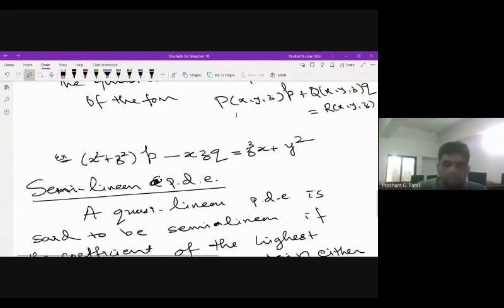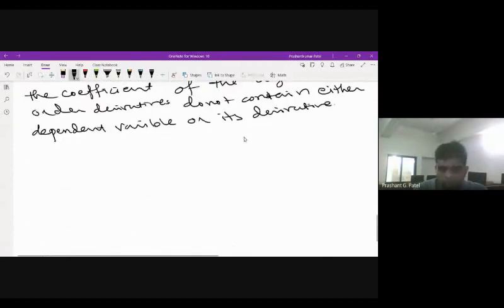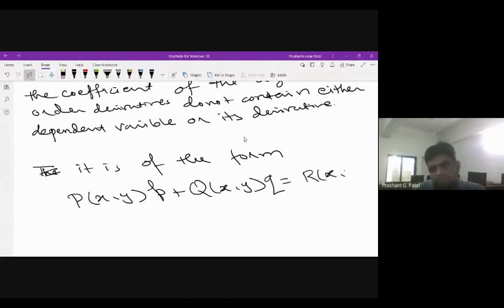That's why the form of semi-linear will be capital P of xy into p plus capital Q of xy into q is equal to R of xyz.